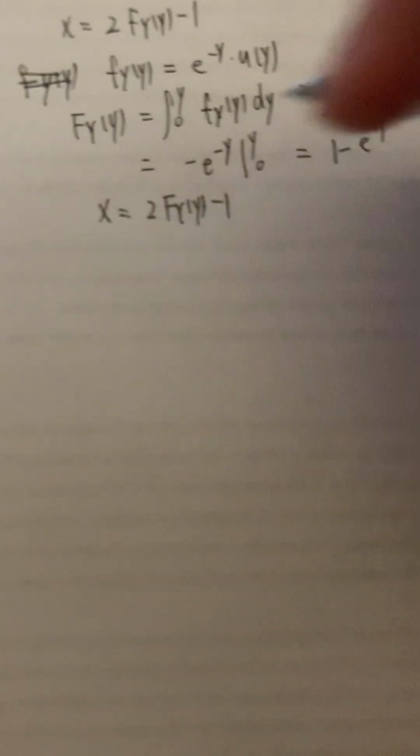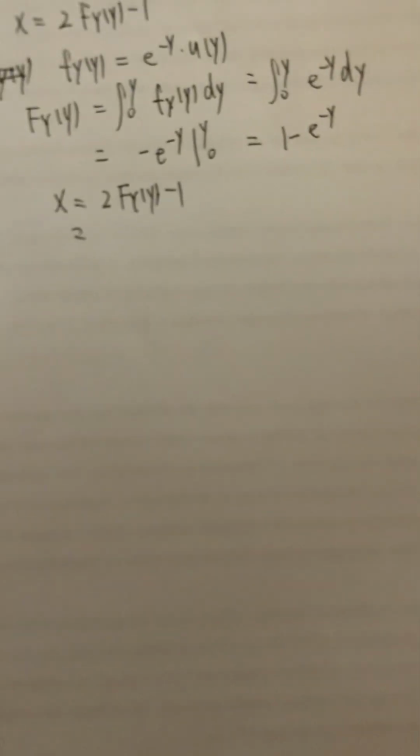So now we let x equal 2 times the distribution function of y minus 1, as we assumed above, which is equal to 2 times (1 minus e to the power -y) minus 1.